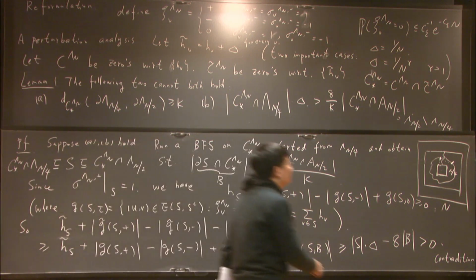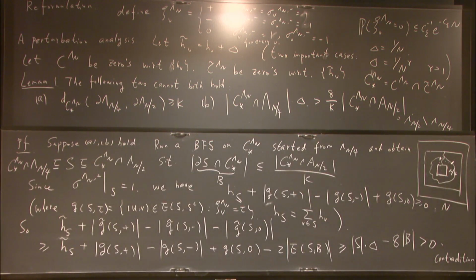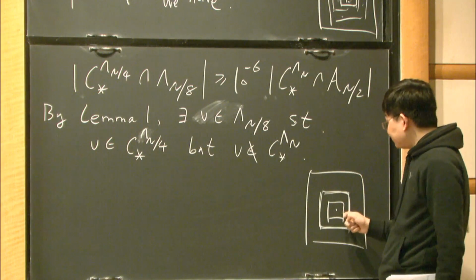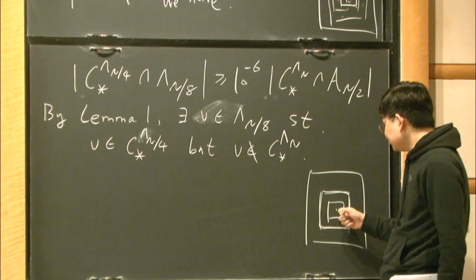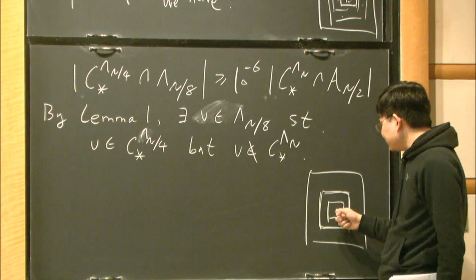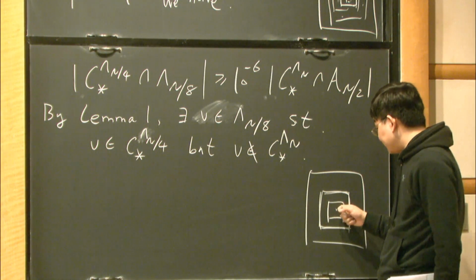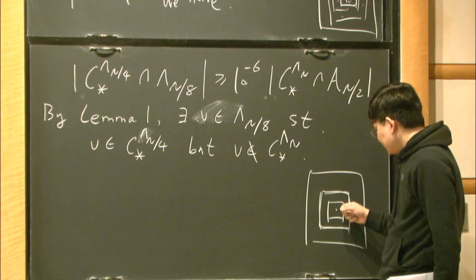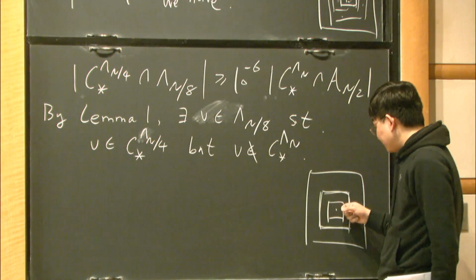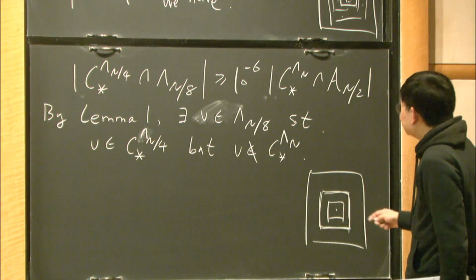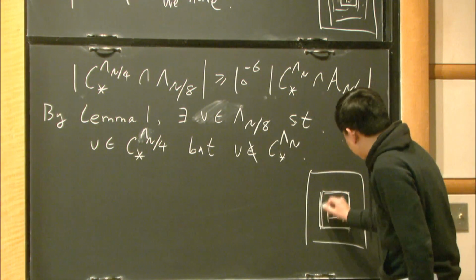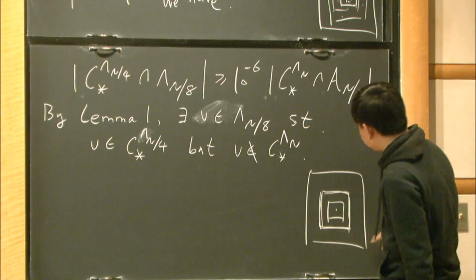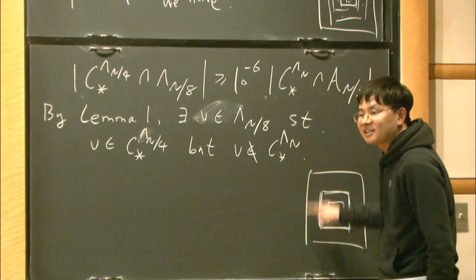But now I know that it is 0 with respect to the smaller boundary. That means, wait, I know it is 0 with respect to the small boundary, but it is not 0 with respect to the large boundary, right?